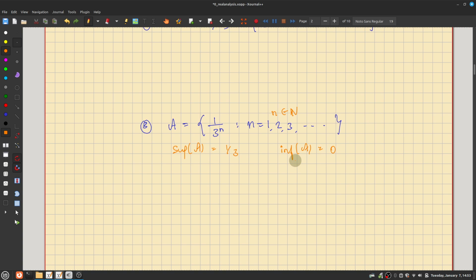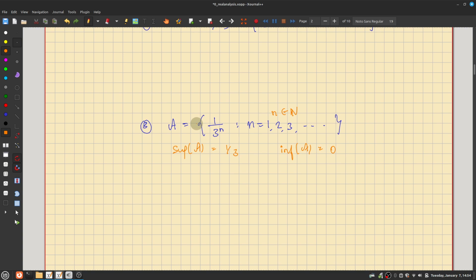At least you can see that if you take 1 by 3 to the power n, this is a decreasing sequence, right? And it is a simple enough sequence, and you know that it converges to 0.